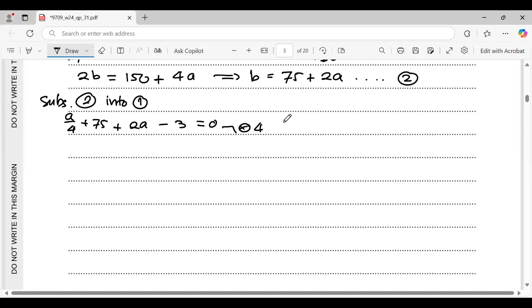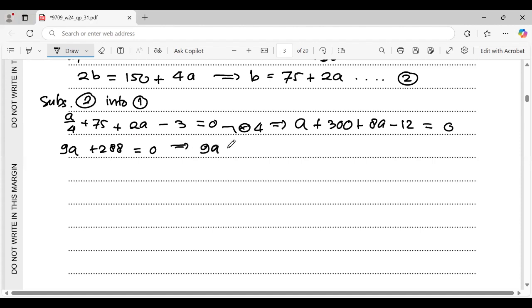If multiplied by 4 it becomes a plus 300 plus 8a minus 12 equals 0. So this is 9a plus 288 equals 0, because 300 minus 12.